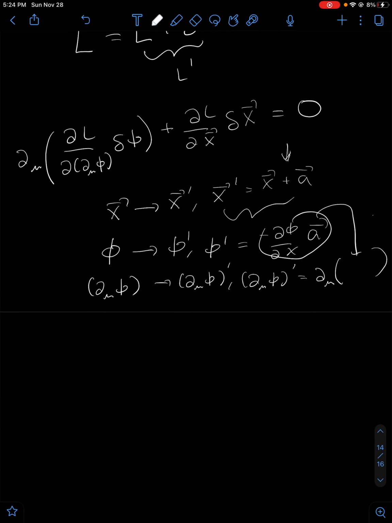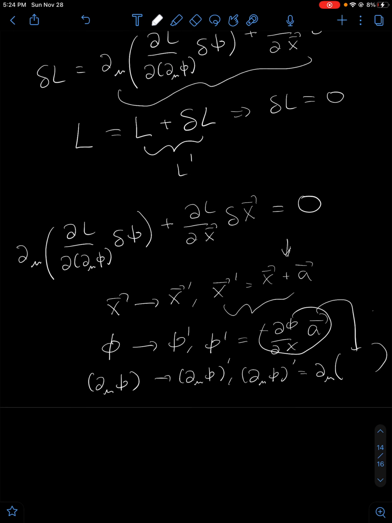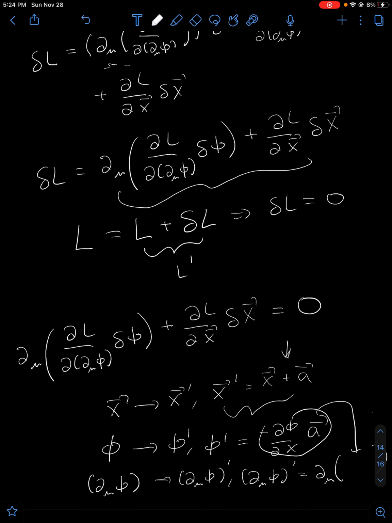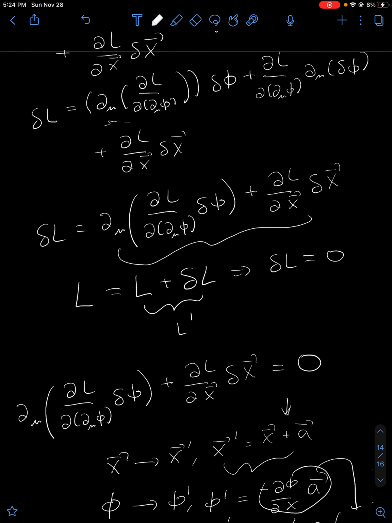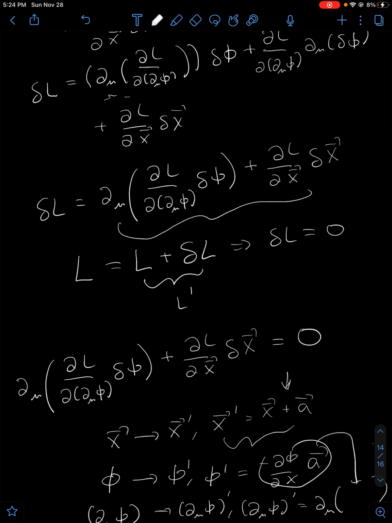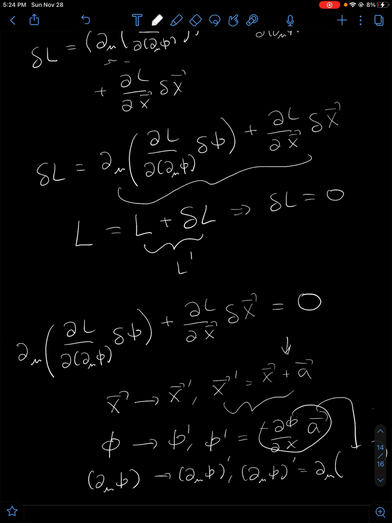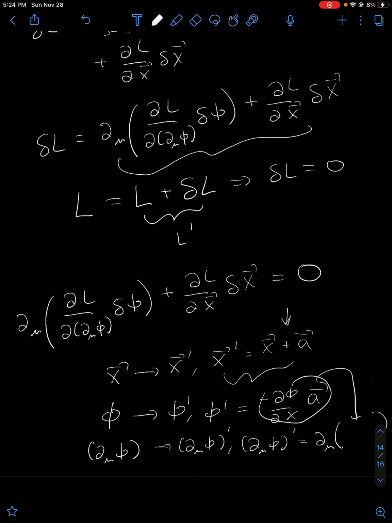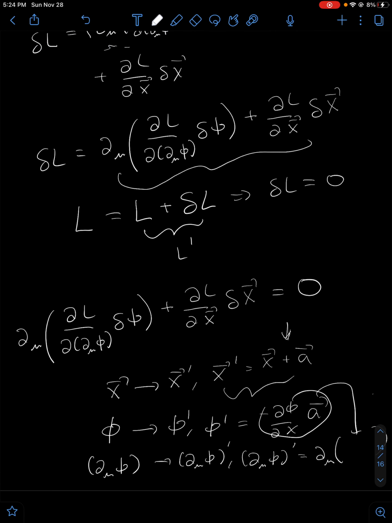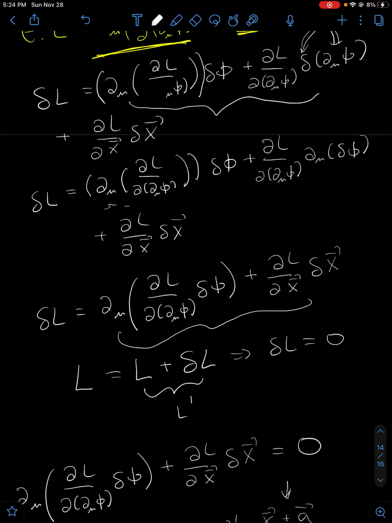Okay, so all we have to do now is just plug this in. Wait, actually, let me just make sure. Let me look at something real quick. Actually, we don't need this anymore. We don't need partial mu prime anymore, right?